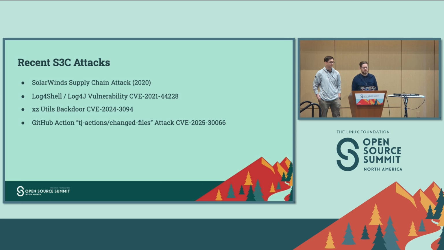Okay, so I mentioned that there were some specific examples of supply chain attacks in recent years. So let's go back to 2020. We could talk about the SolarWinds supply chain attack. There was no CVE issued against that, but that was presumed to be a nation-state attack involving compromised build systems.